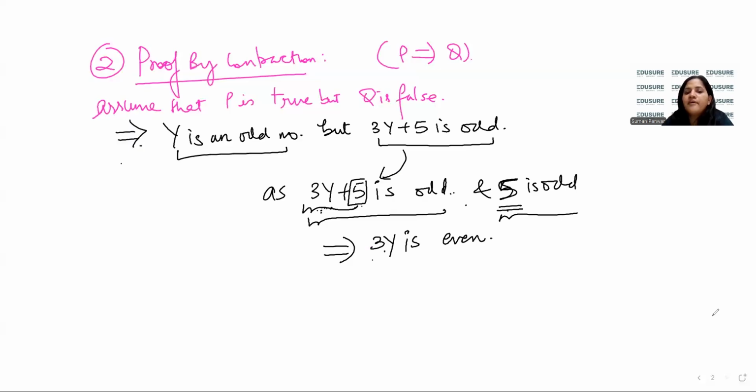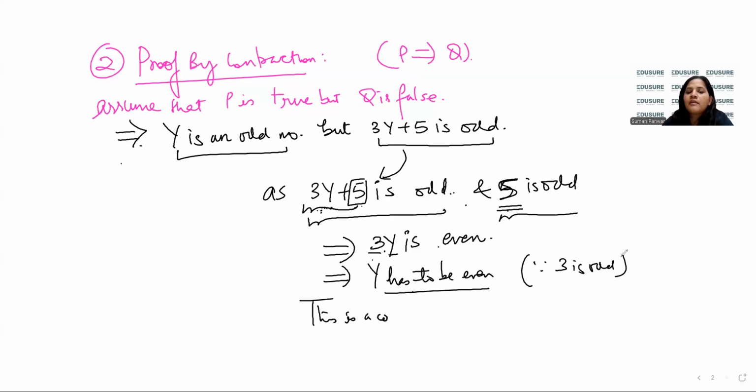This implies that y has to be even. Why? Because 3 is an odd number. 3y will be even if and only if y is even. So this is a contradiction. This is a contradiction because y is odd.